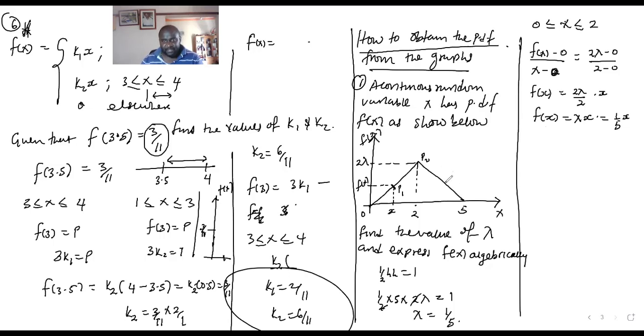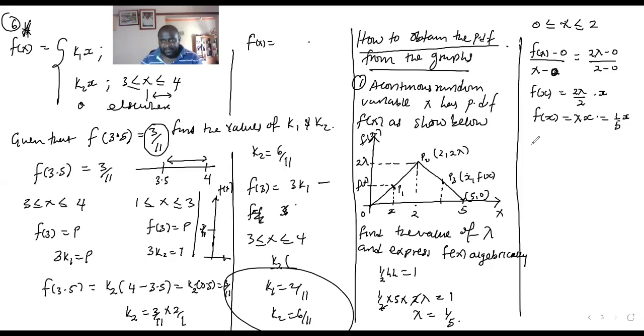For the second case, it's also a line. I can call this point P3, having coordinates x, f of x. Then the gradient of P3 is supposed to be equal to the gradient of P2. But now there is a point down here, which is 5, 0. Well, there is a point up here, which is 2 lambda.